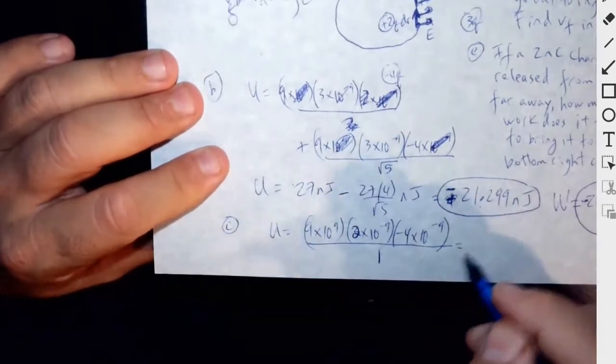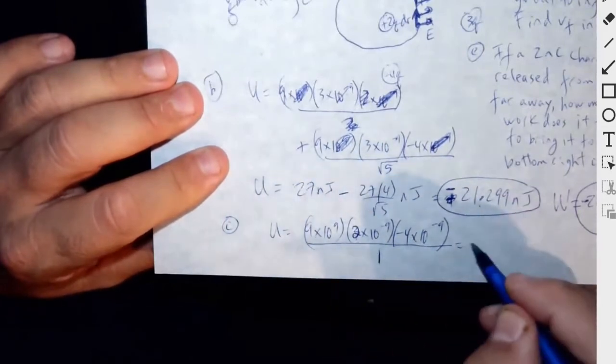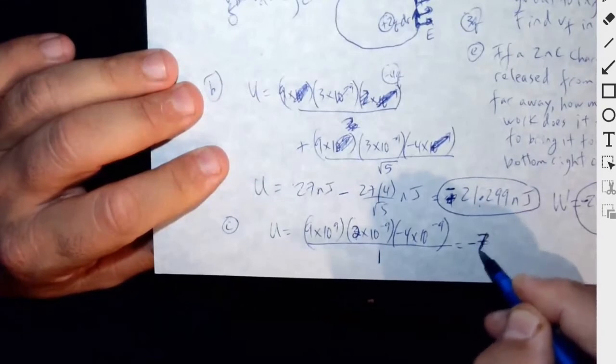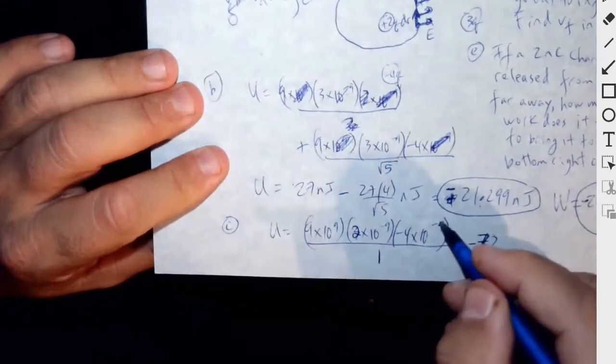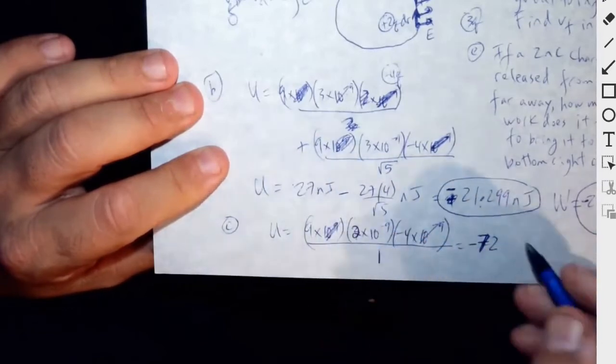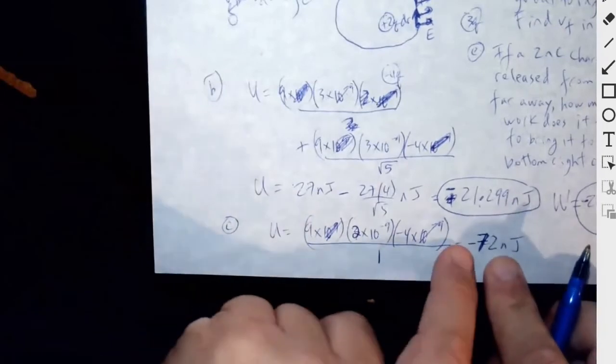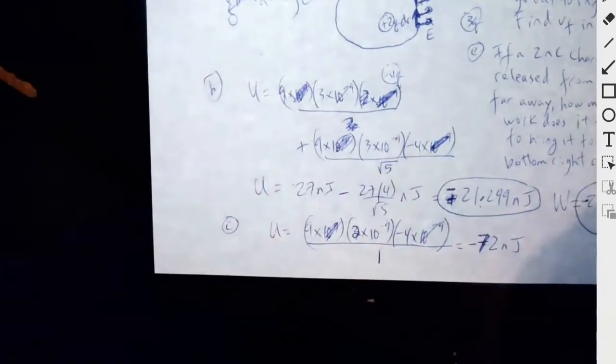It's going to be what? 18. Ooh, -72. -72. No, nanojoules. Okay, then you just add this negative to this negative, and you get what?